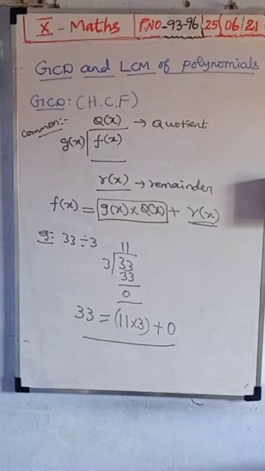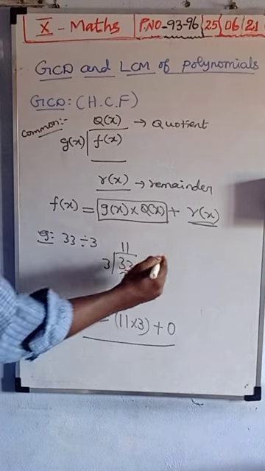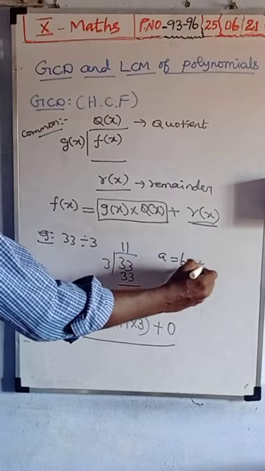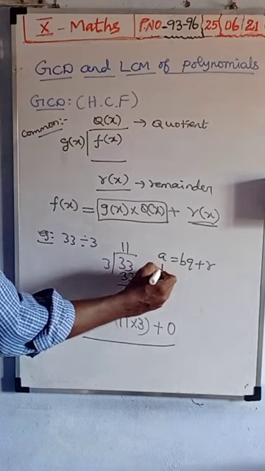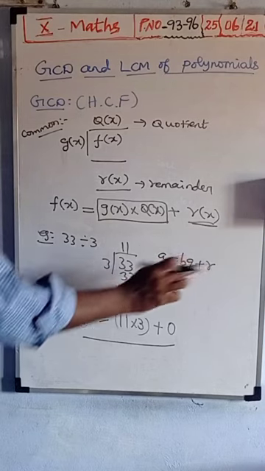Okay, already this format we used in the second chapter. Do you remember second chapter, exercise 2.1? We wanted to find the HCF using Euclid's division algorithm, and we wrote it in the form A is equal to BQ plus R. Here A is the dividend, B is the divisor, Q is the quotient, R is the remainder.